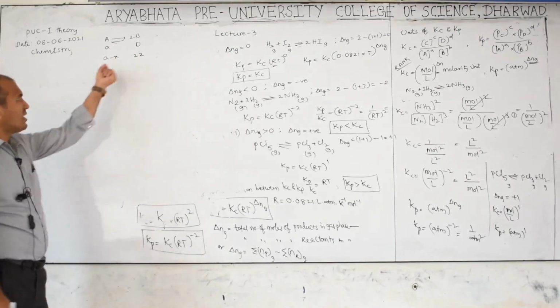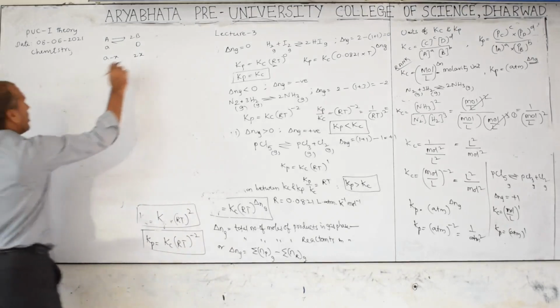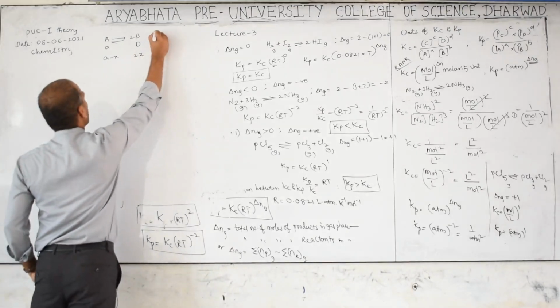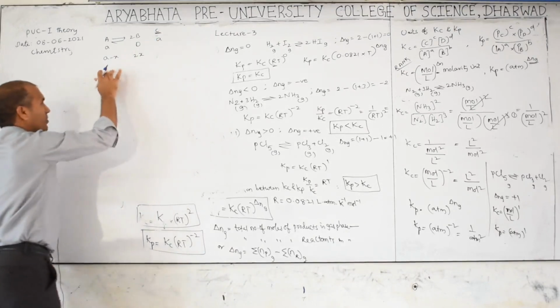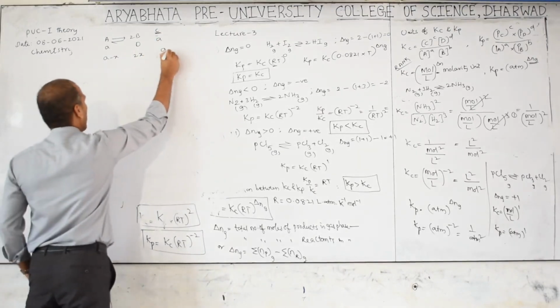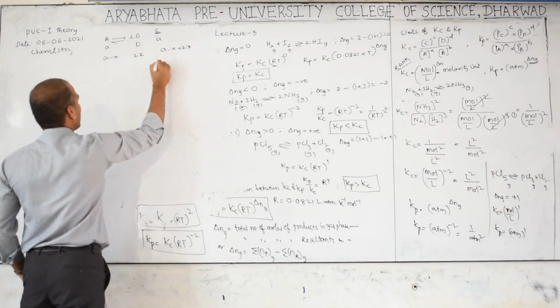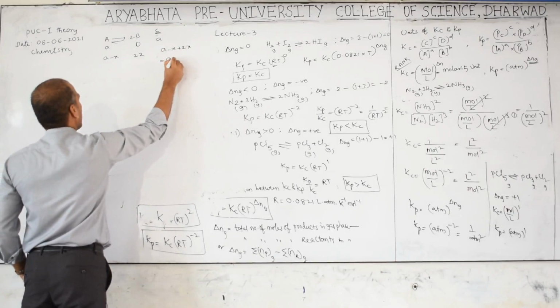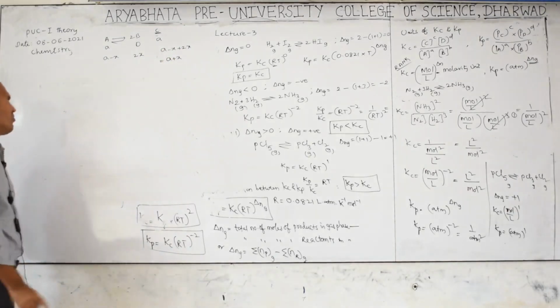X is the change in concentration of A. Then the total number of moles is A minus X plus 2X, then the X cancels, so this is A plus X. This is the total number of moles at equilibrium.